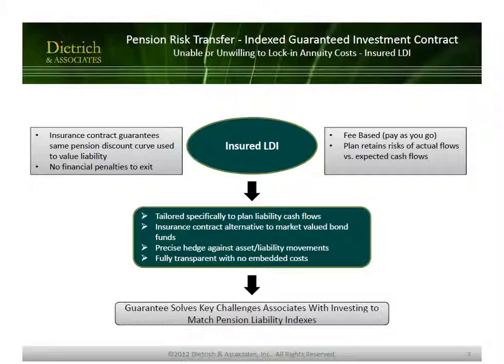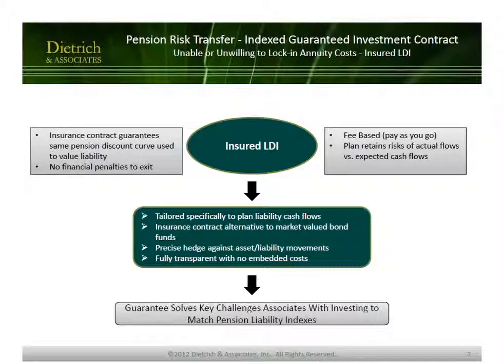All right, so the reality is, for some plan sponsors, annuitization today isn't going to make sense. They're going to be unable or unwilling to lock in their annuity costs, and we still have additional solutions that we can talk about with those clients.